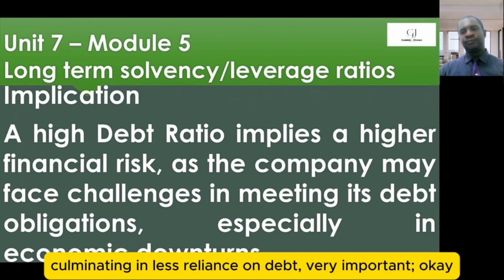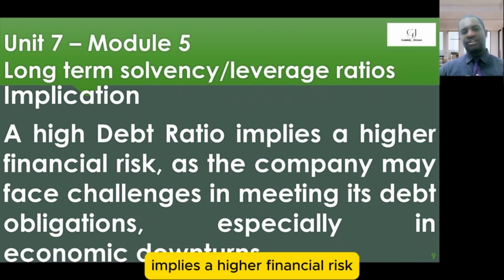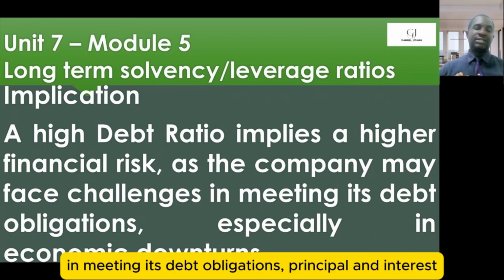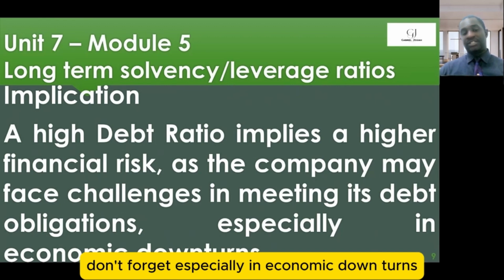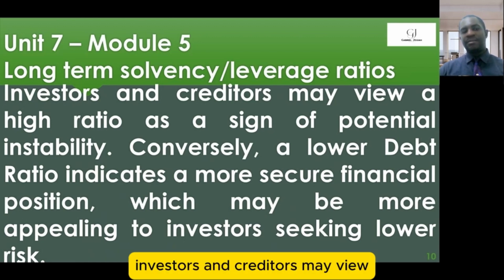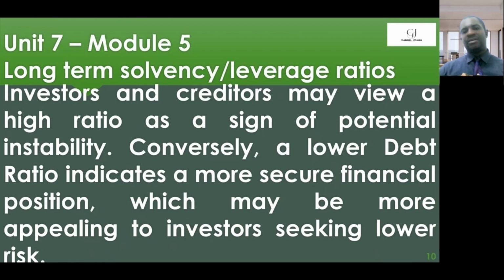Very important. Okay, so the implication is that a high debt ratio implies a higher financial risk, as the company may face challenges in meeting its debt obligations, principal and interest, don't forget, especially in economic downturns. Investors and creditors may view a high ratio as a sign of potential instability.